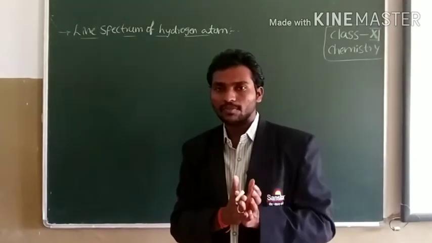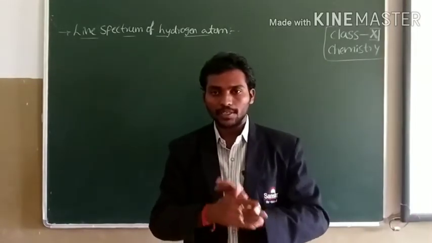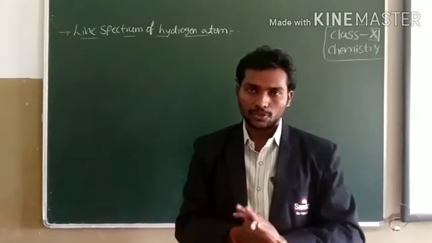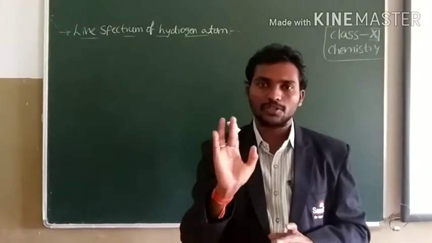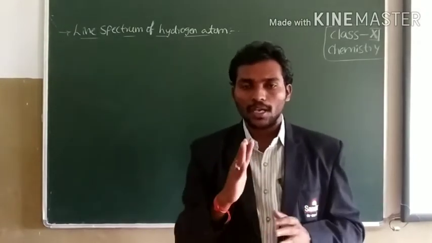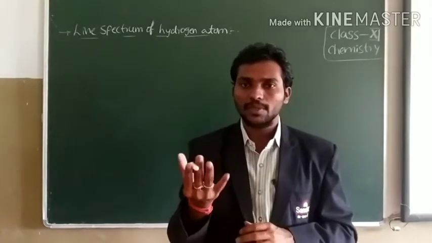In the previous session we have discussed the electric discharge tube. Electric discharge tube is a partially evacuated long glass tube. When this electric discharge tube is filled with hydrogen gas at extremely low pressure and high voltage condition, it emits light.